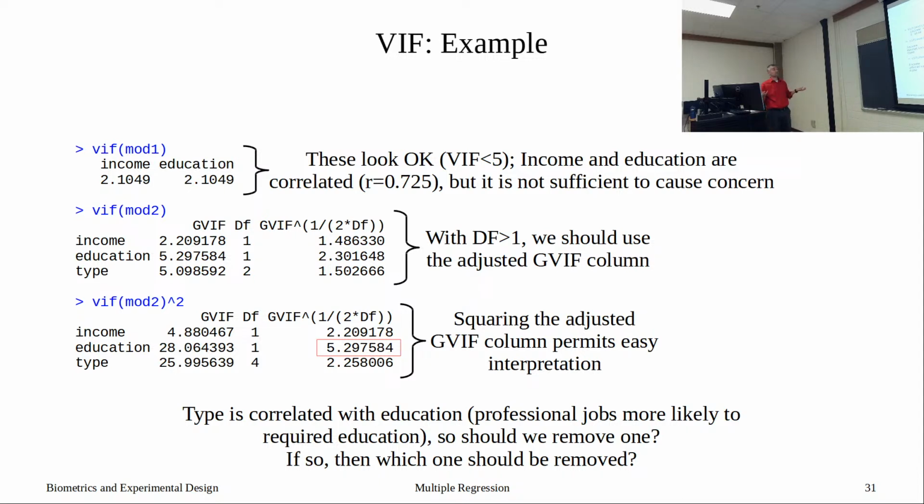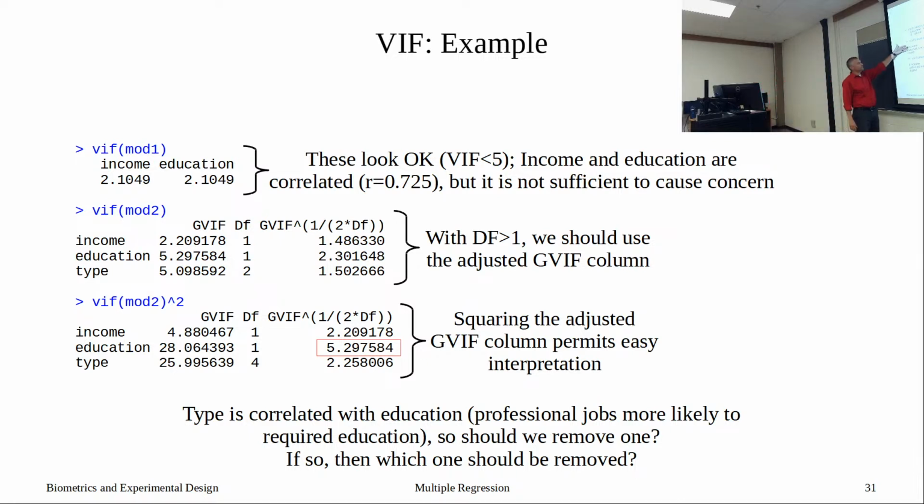But here, everything's less than 2. Everything's less than 5. So is there a correlation between income and education that might be affecting our analysis? Probably not. So let's look at mod 2.